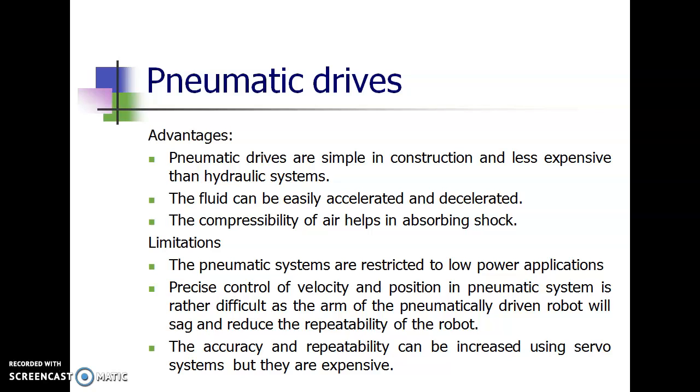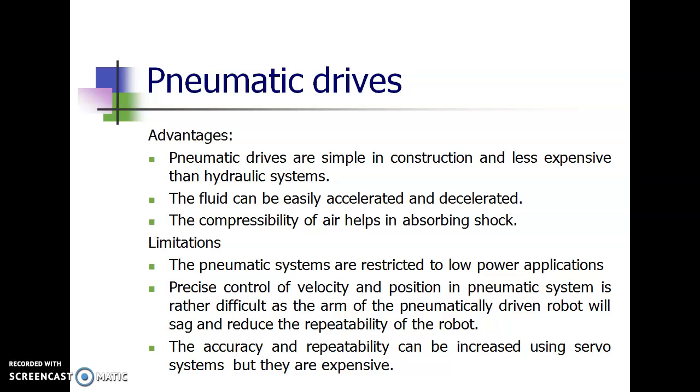The reason is that the compressibility of air is limited and air cannot be compressed more, so the size of the compressor is going to be limited, and because of that the pressure is nearly 10 to 20 bar, and by that the force given by the pneumatic system is going to be less.